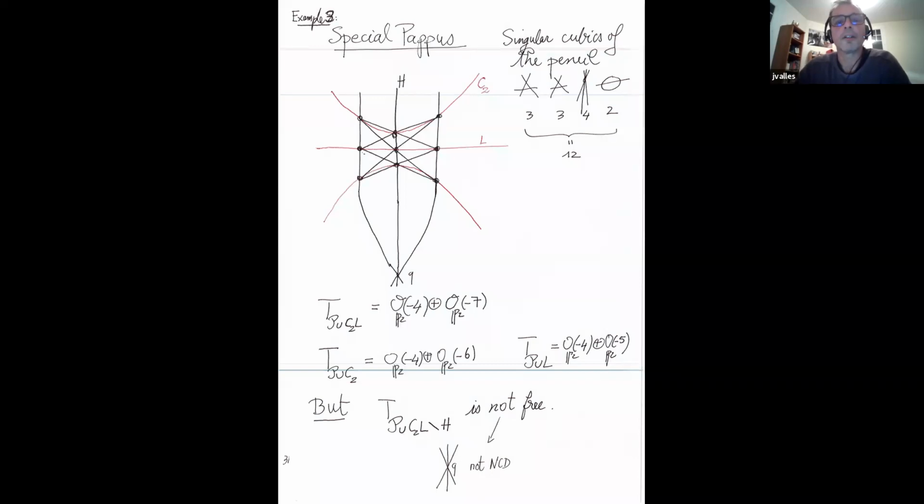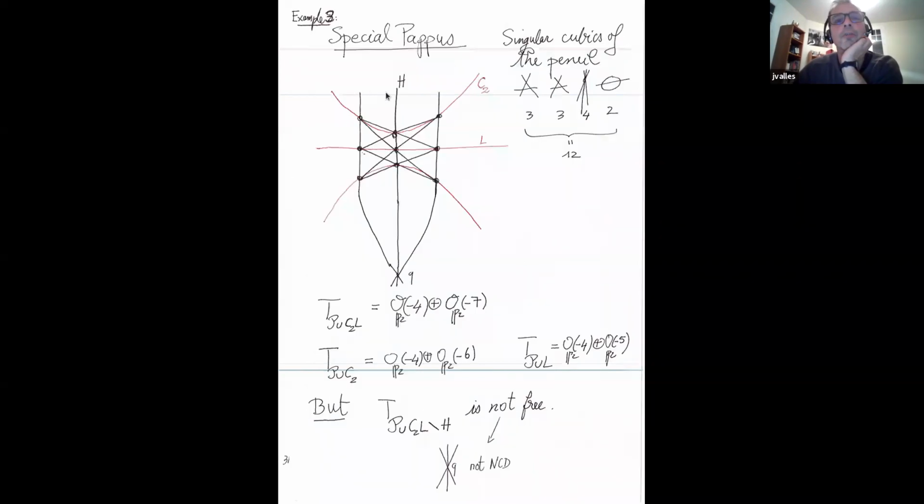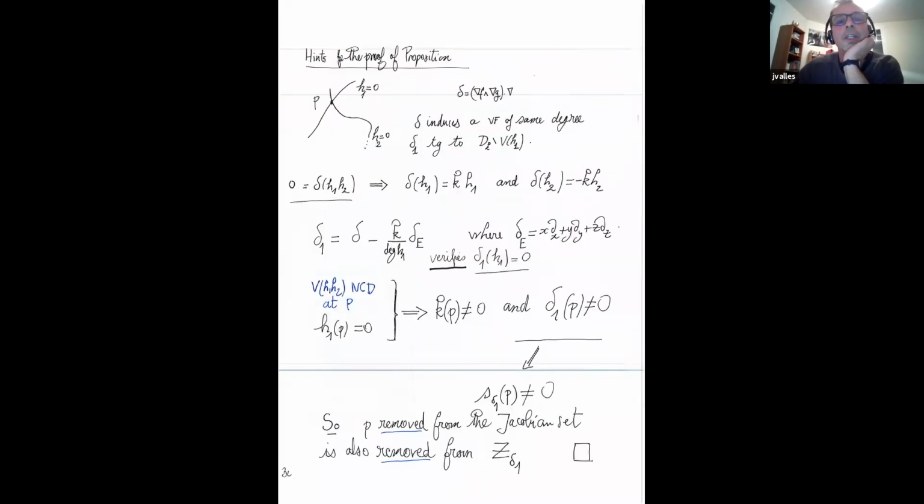And to finish, this is my last slide. Some hint of the proof of the proposition. The point is, it's natural that if you have a vector field tangent to H1 union H2, this vector field will induce a vector field tangent to H1.